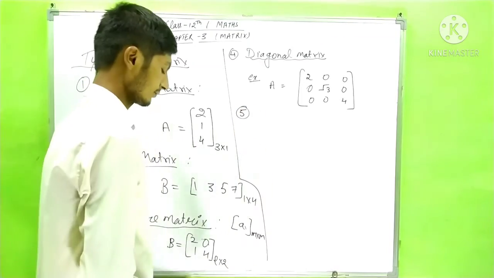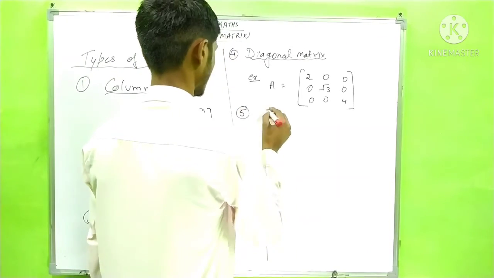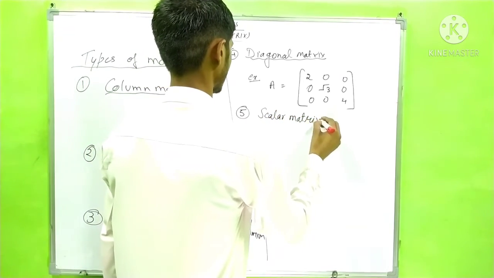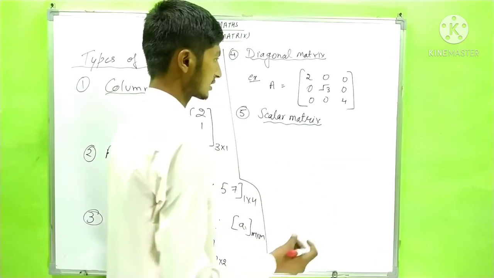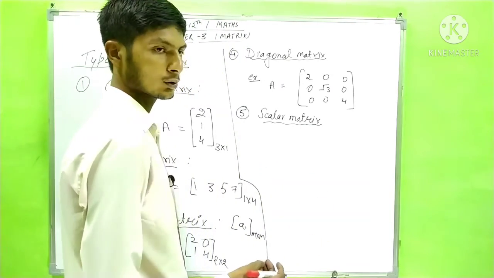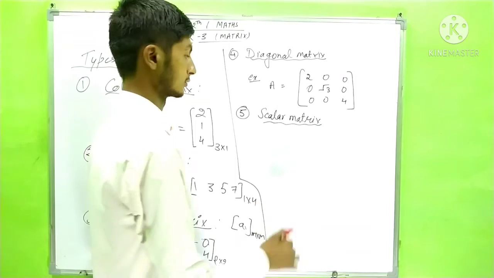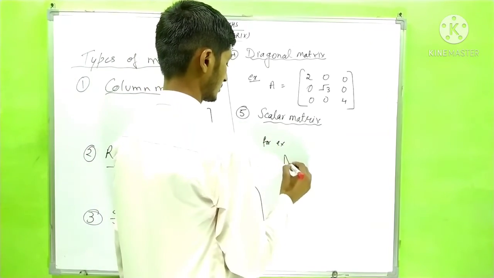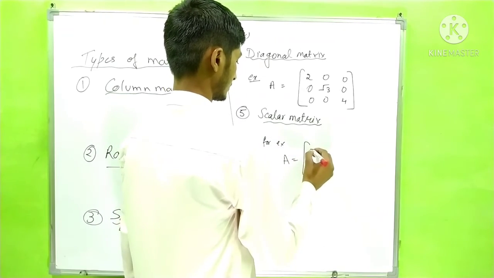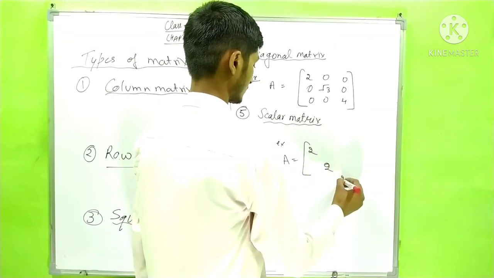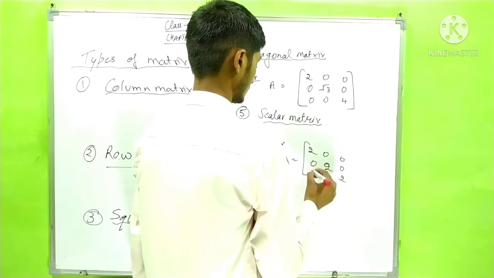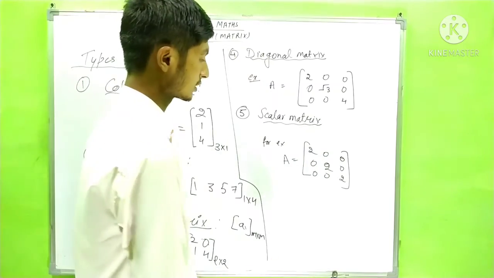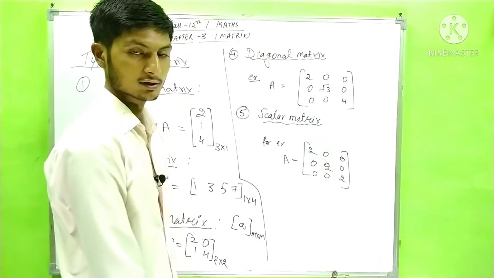And the fifth is scalar matrix. A matrix is said to be scalar if all the diagonal elements are the same value. For example, this is a scalar matrix because all the diagonal elements are the same.